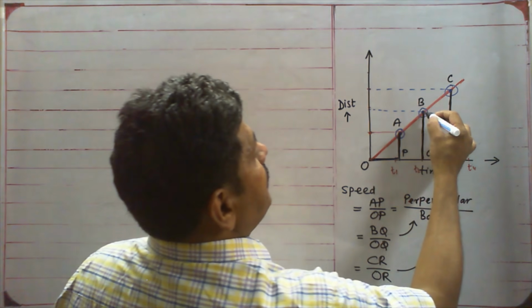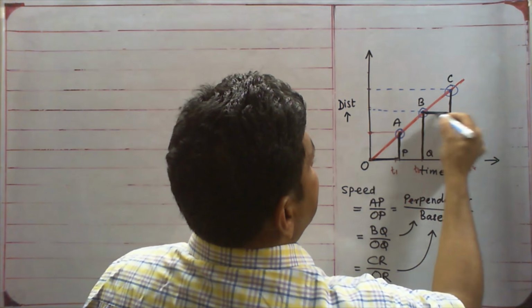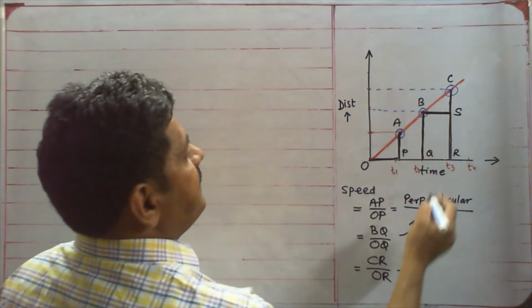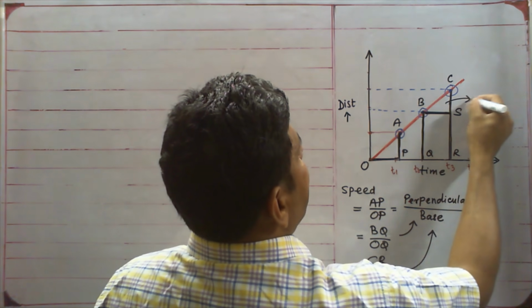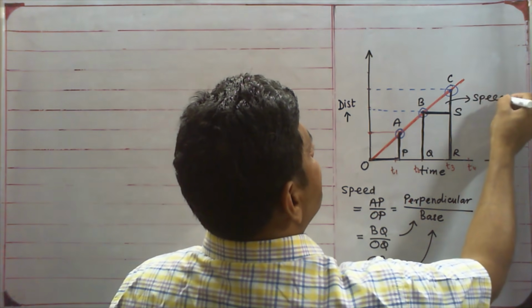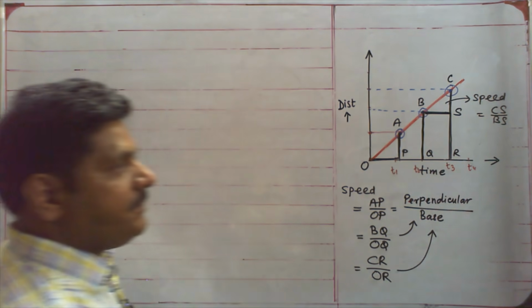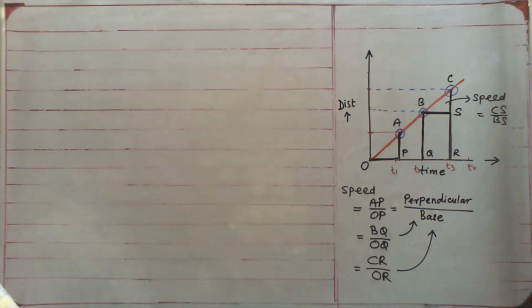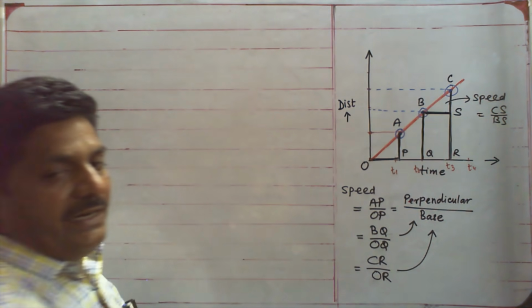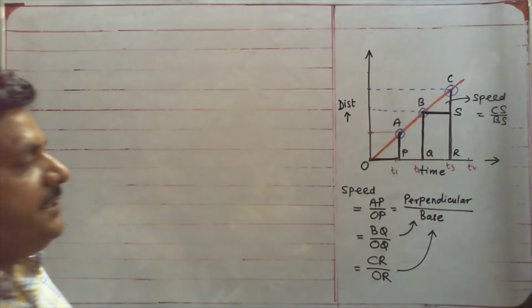Or if you want to find out here, let us say this is S, speed can be written as CS by DS here also. Anything, just you have to complete a right angle triangle. Now what is this ratio called?